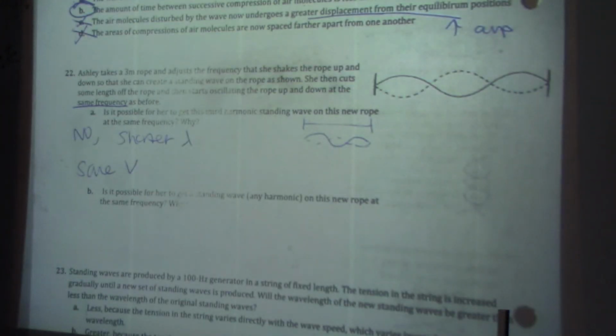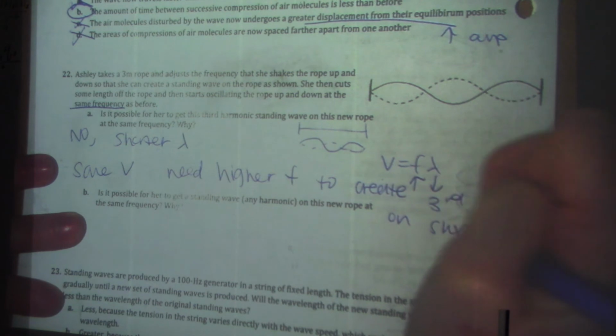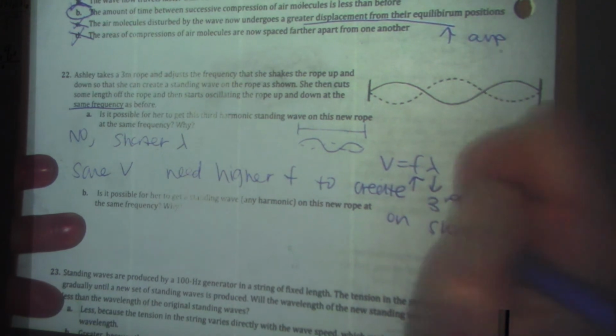You still have the same velocity, because it didn't say anything about her increasing the tension or changing rope, so it's the same medium. So you would need a higher frequency to create the third harmonic on a shorter rope, because that wavelength would decrease.